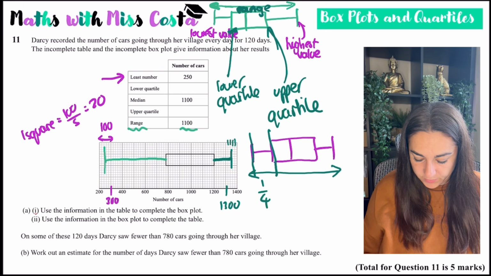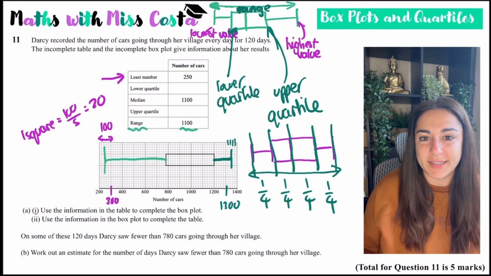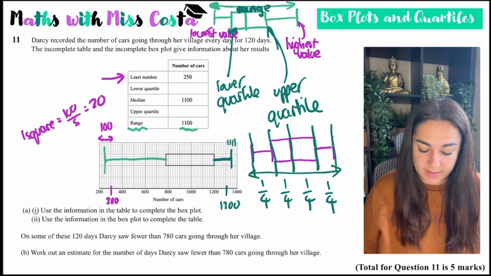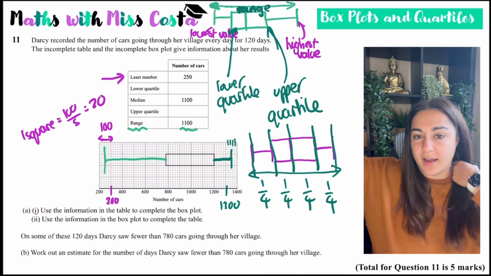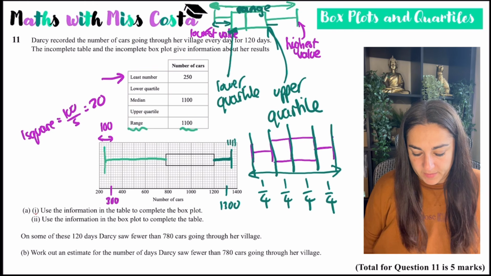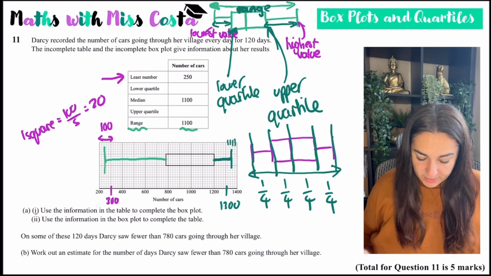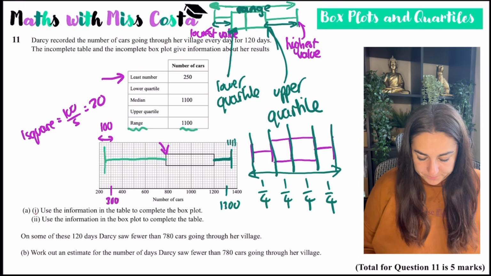That's the first quarter of data. Then you've got your median, that's the next quarter of data. Then you go up to your upper quartile, which is the next quarter, and then you've got your largest value. That's why they're called quartiles, because they separate the lowest 25% and the highest 25% of data is represented by these parts here.